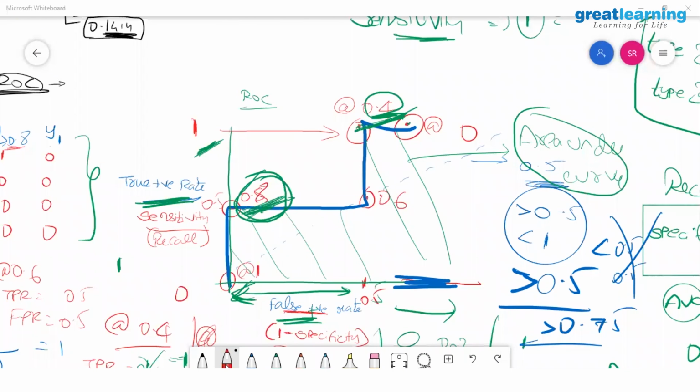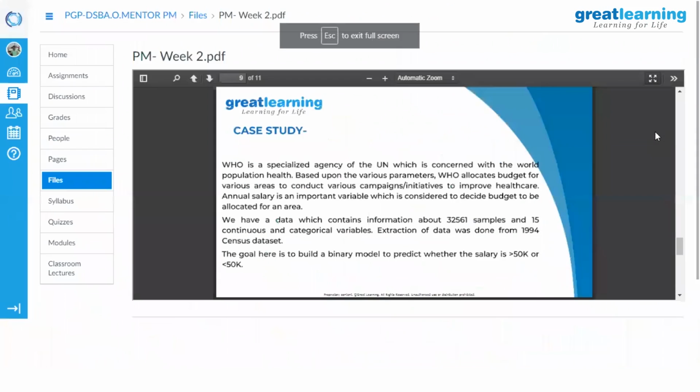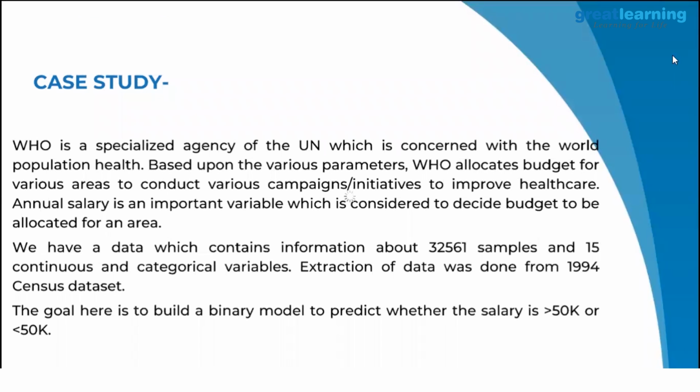Or the case study. Can someone take a lead and read this question? WHO is a specialized agency of the UN which is concerned with world population health. Based upon various parameters, WHO allocates budget for various areas to conduct various campaigns or initiatives to improve healthcare. Annual salary is an important variable which is considered to decide the budget to be allocated for an area.